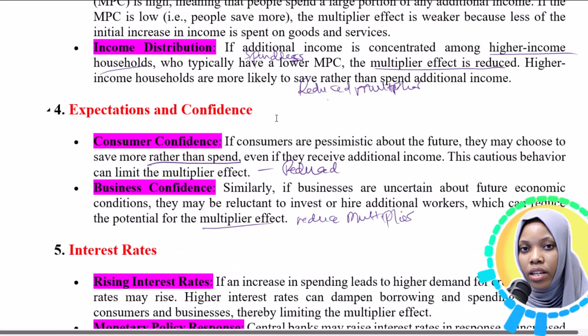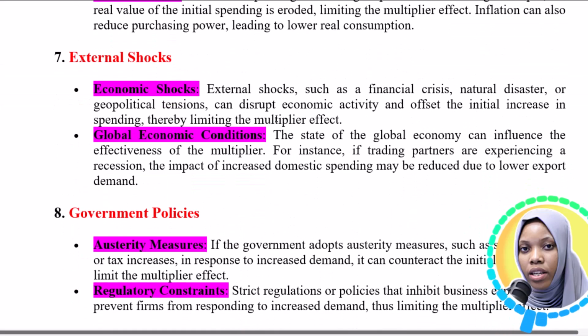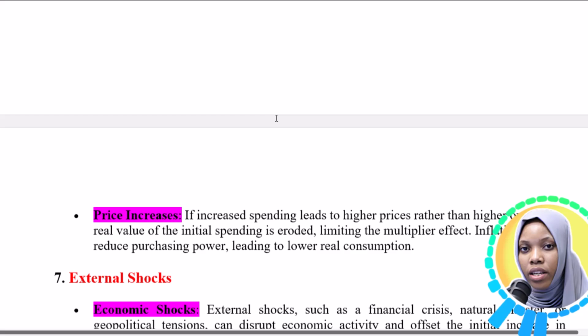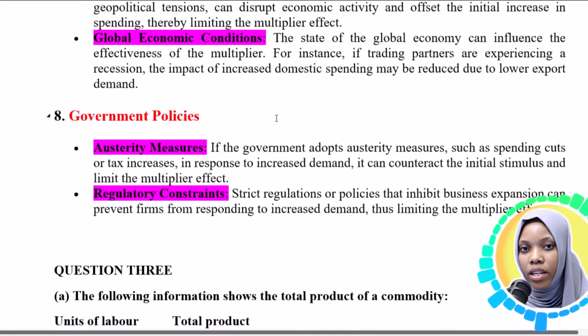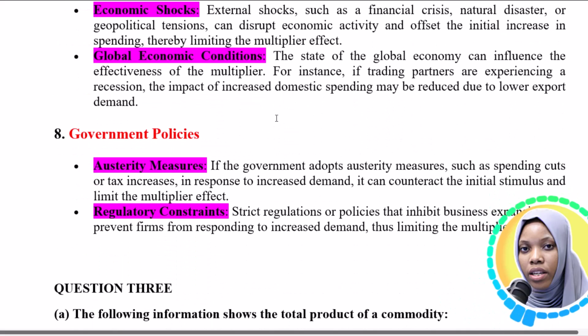And then another factor is interest rates, and then there's inflation and external shocks. Factor number 8, or the last factor that I got, is government policies. Everything here we talk about spending.